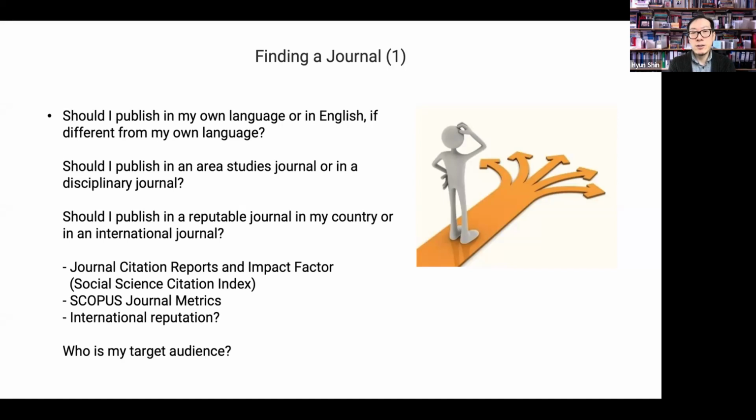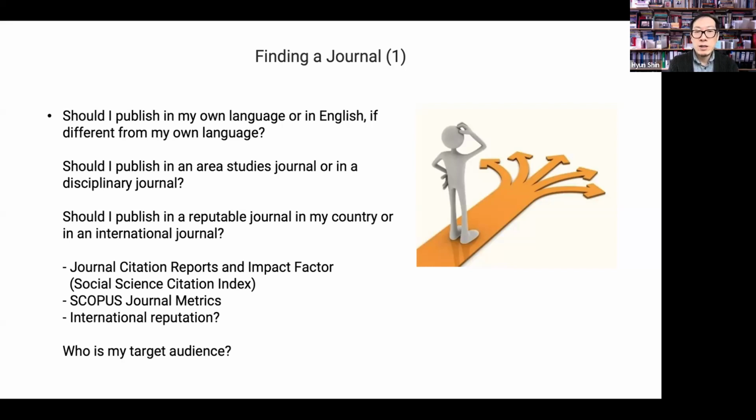There are these different types of journals, and one may have to think about what it means to publish your output in an area studies journal versus a disciplinary journal. Each has a different target audience. The writing styles are a little different, and each type of output will also make contributions, sometimes significant, to your own career advancement.